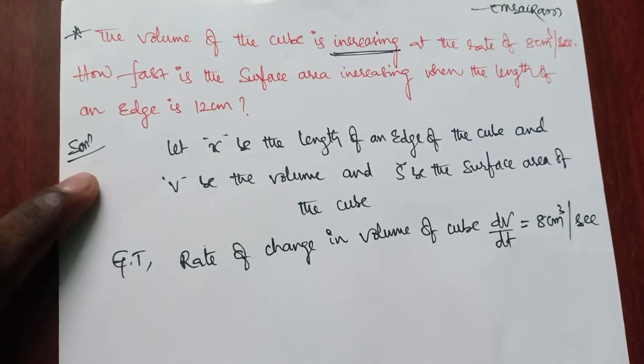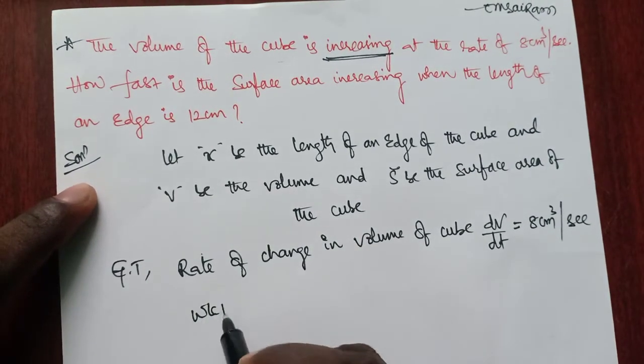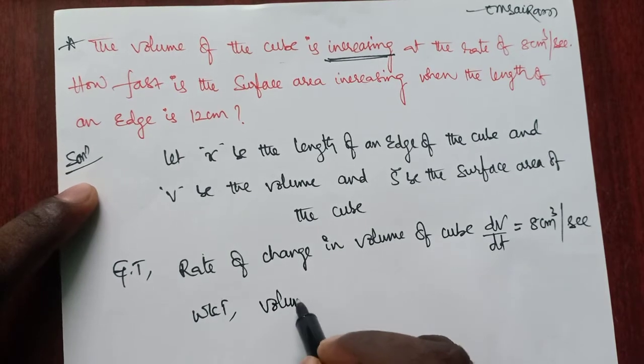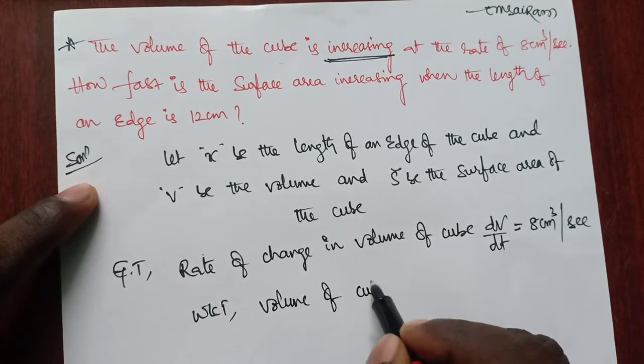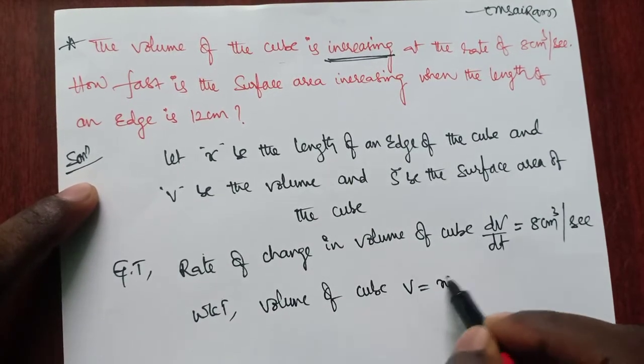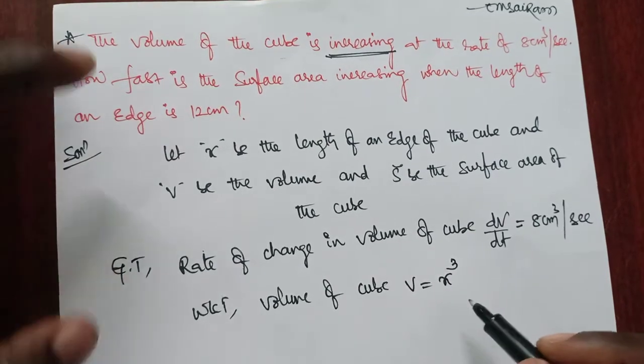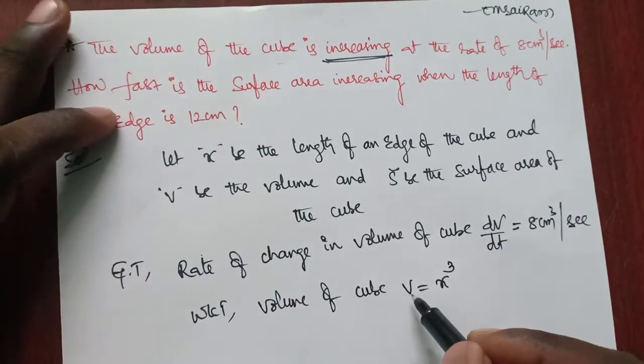Now we know that the volume of the cube is v equal to x cube, where x is the length of an edge and v is the volume.